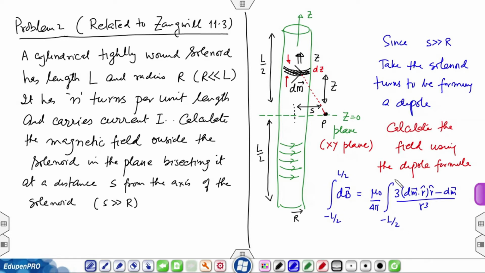This is the variation of z. So, I hope the plan of how I wish to calculate this magnetic field is clear. So, let us now proceed with the calculation.